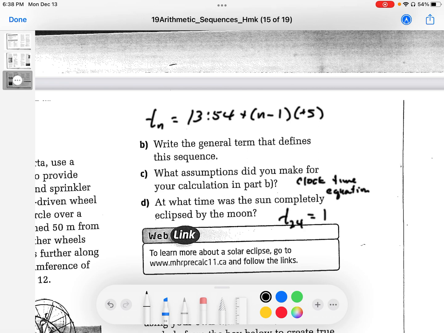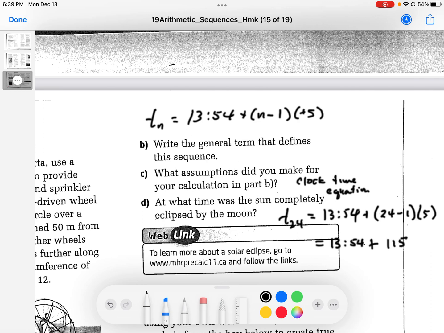So it's going to be 1354 plus 24 minus 1 times 5. So when I do this calculation, I get 154 plus 23 times 5, which is going to be 115. Okay, so 115 minutes.